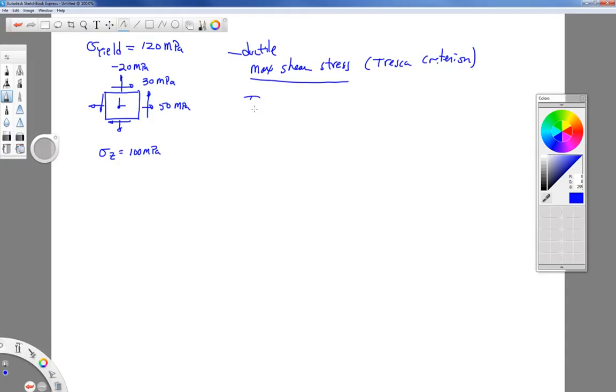We know this from Mohr's circle as tau maximum absolute. All right, so we have to construct a Mohr circle. Let's go ahead and do that. I'll do the best I can to make this picture look okay. Let me try a little bit better. Maybe move my line over here a little bit.